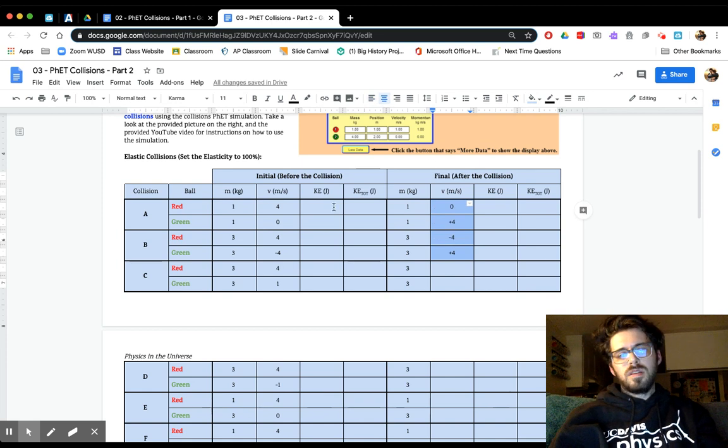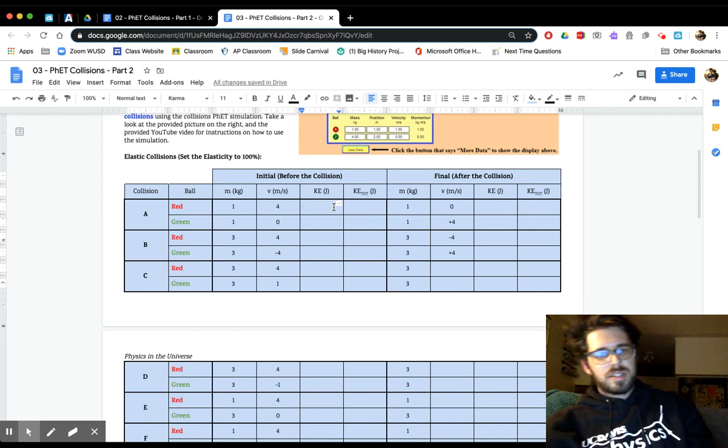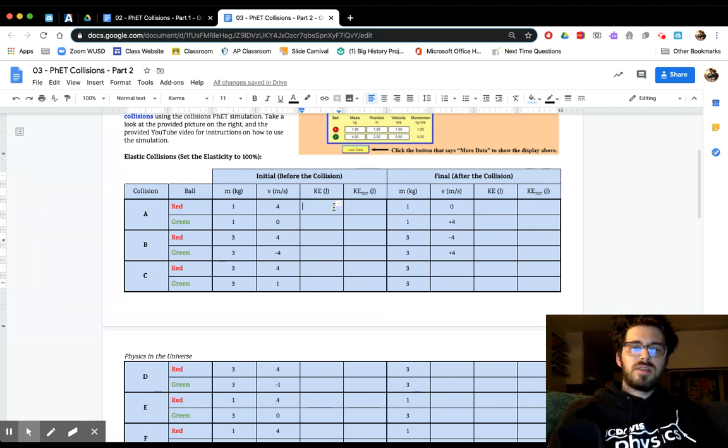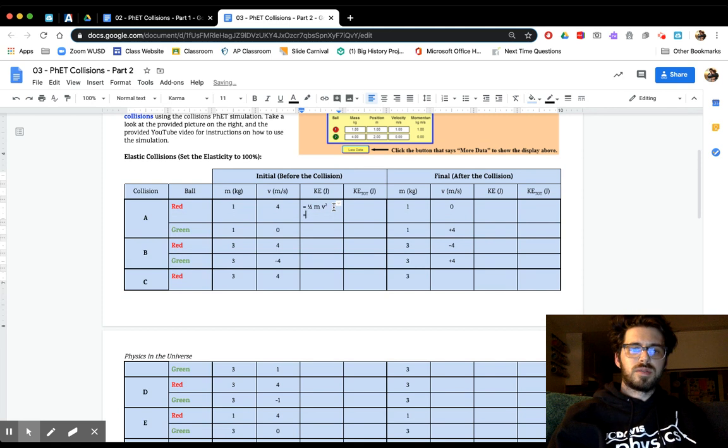Now you'll notice that we're going to calculate kinetic energy. If you remember the equation for kinetic energy, it's equal to 1/2 times mass times velocity squared. So let's do that. Equals 1/2 times mass 1 times velocity squared.